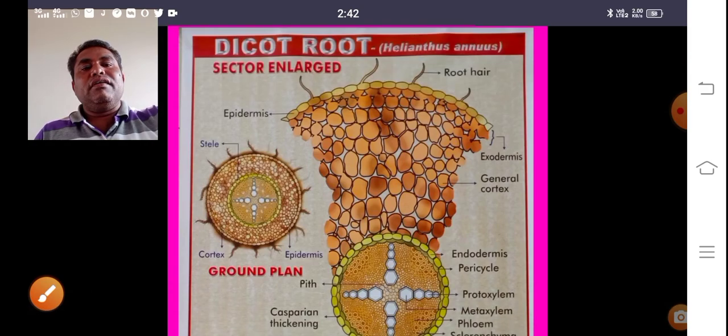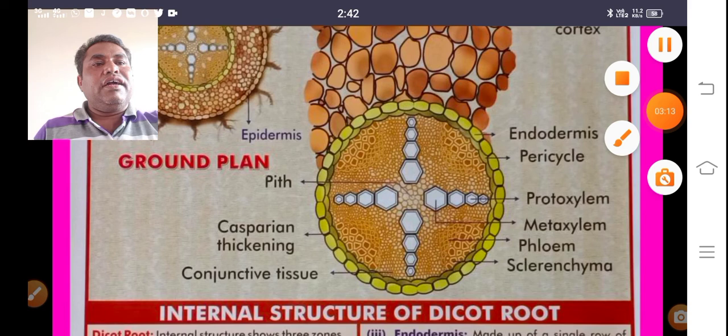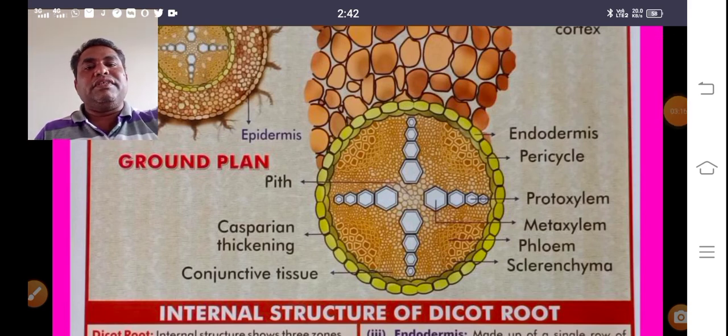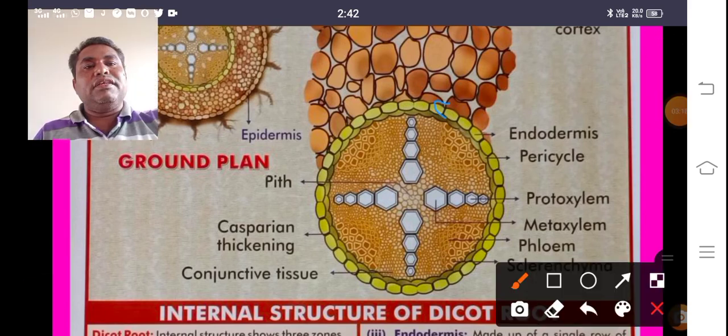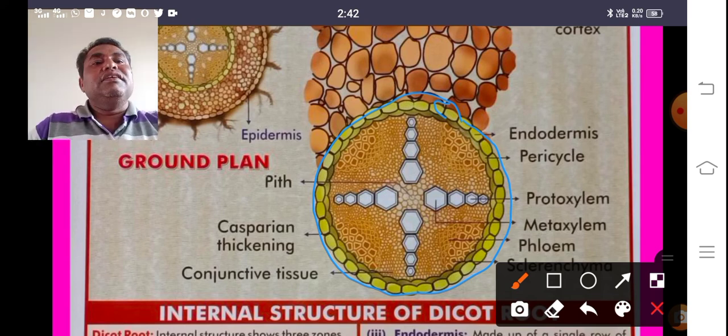These yellow colored cells are called endodermal cells. In these cells, the corners are thickened. These thickenings are called Casparian thickenings. So this is the last part of the cortex.